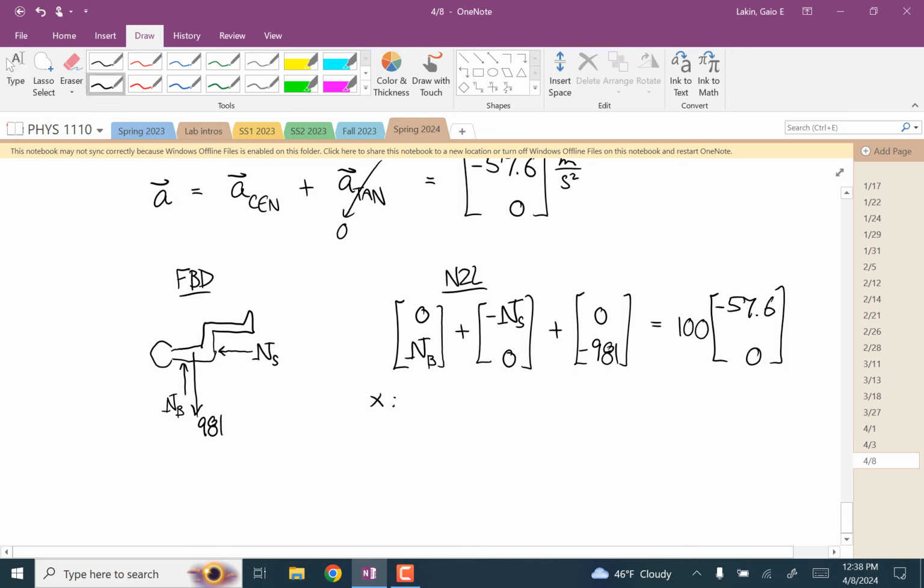So the x equation says negative N_seat is equal to negative 5760. So N_S is equal to 5760. This is a force, so that has to be in newtons.